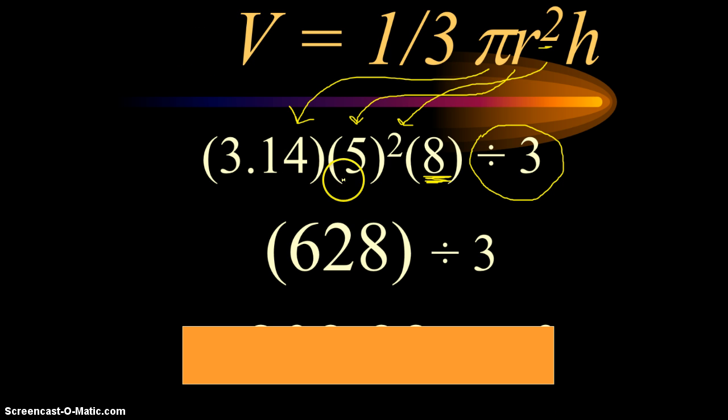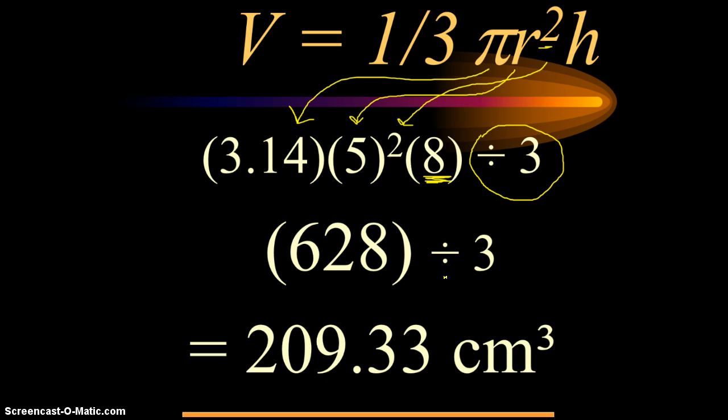So 3.14 times 5 squared, which is 25, times 8 gives you 628. And when you take 1/3 of 628, you get a volume of 209 and 33/100 centimeters cubed.